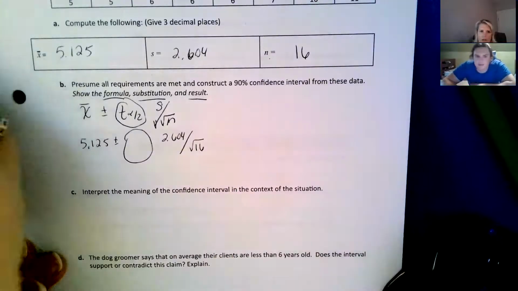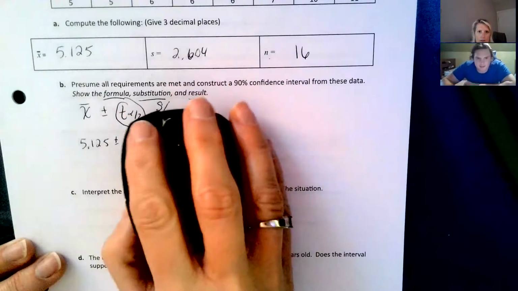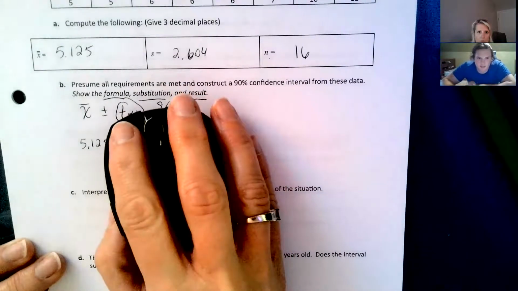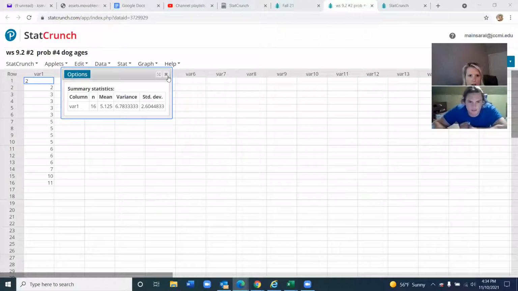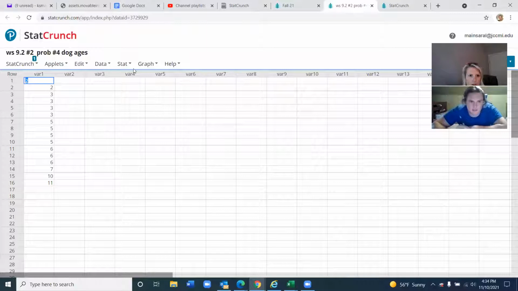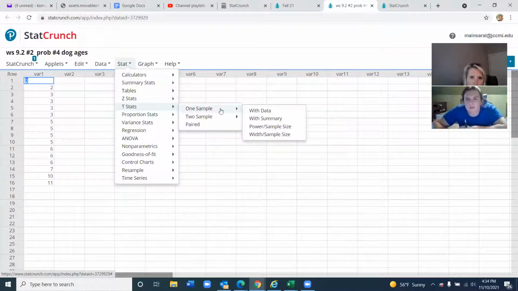So let's go ahead and I'm going to share my screen so that we can go to StatCrunch. We go to Stat and down to T Stats because we're dealing with quantitative data. One sample, with data this time.